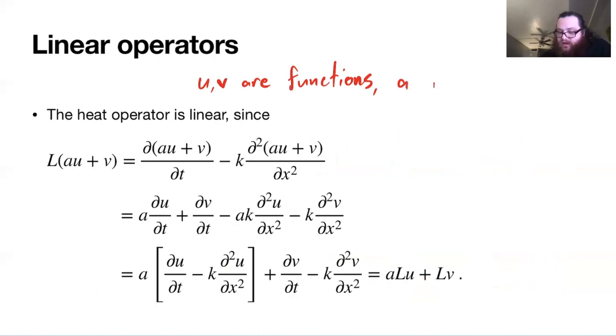A is a scalar, can be real or complex. In this case, it doesn't really matter. And so then, to verify that this operator L is linear, we need to show that if you take L and you apply it to this linear combination Au plus v, what you want to end up with is A times L applied to u plus L applied to v.